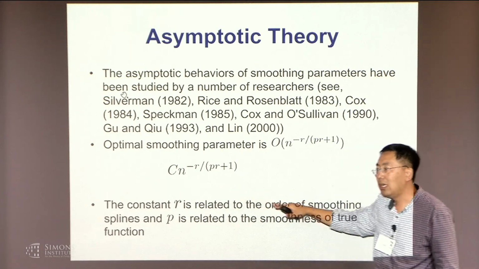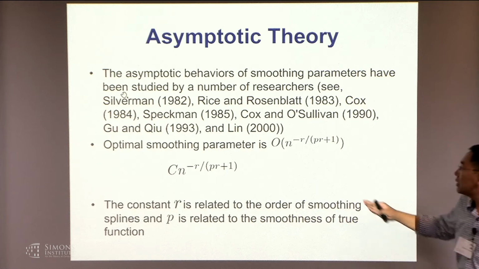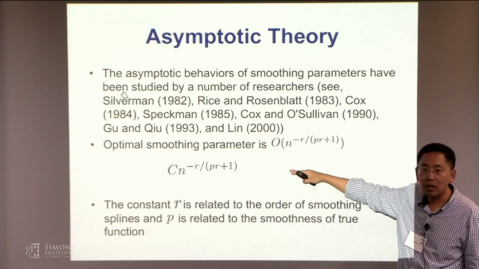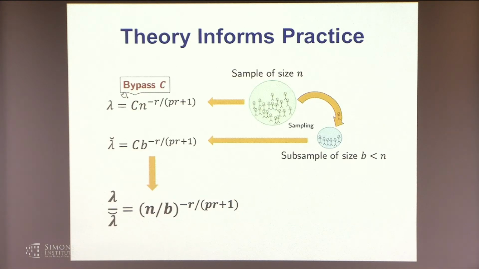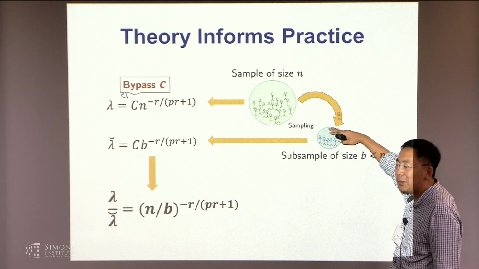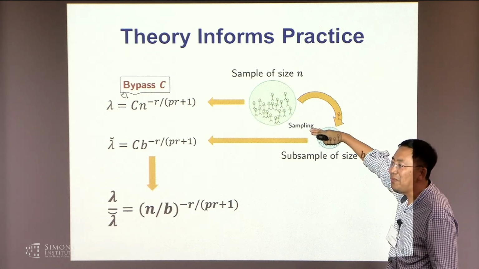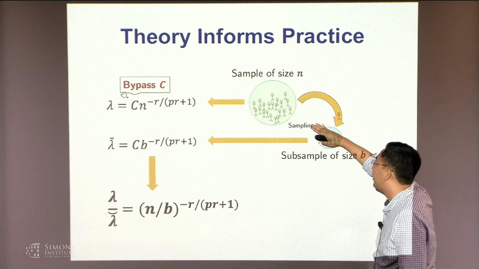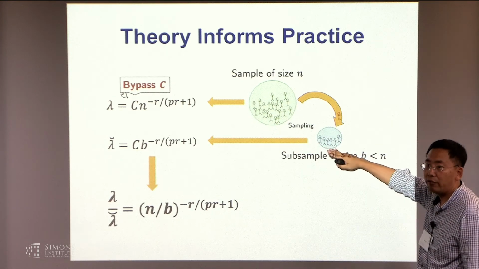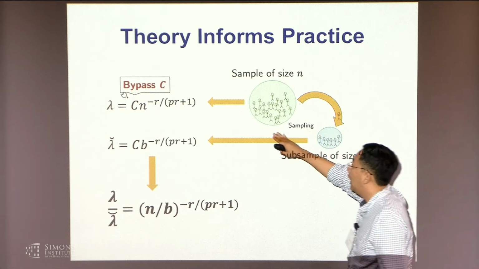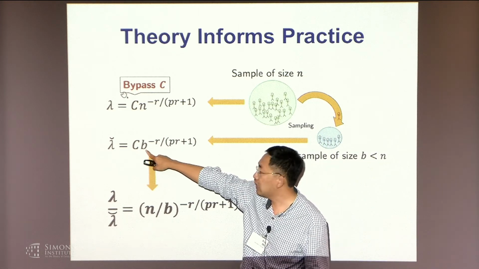So now this theoretical knowledge can really help us address the computational issue. What we did here is really very simple. Our algorithm is simple, and it comes with simple randomized linear algebra. Essentially, we just take a subsample of the big sample, and we assume this sample size is b.